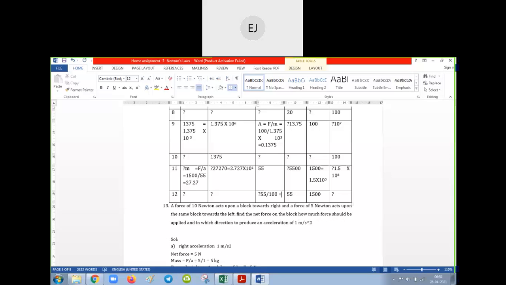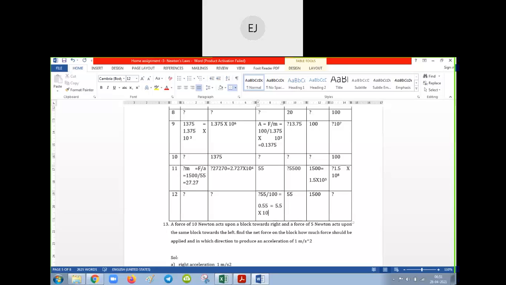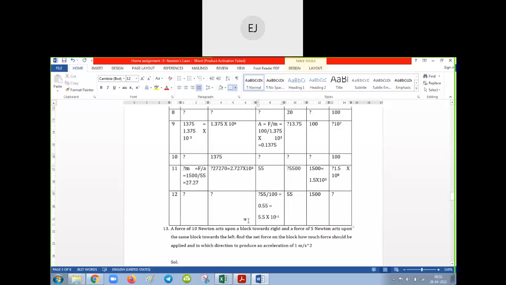Or in standard form, 0.55 is nothing but 5.5 into 10 power minus 1. Now you got acceleration in meter per second square and force is also there, so 1500. Then mass is equal to F by A.